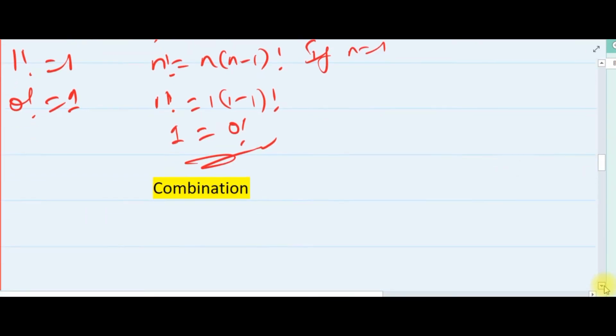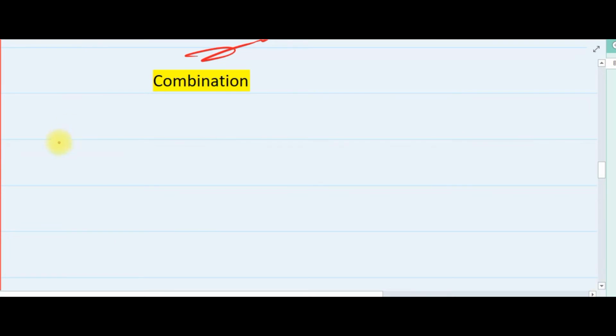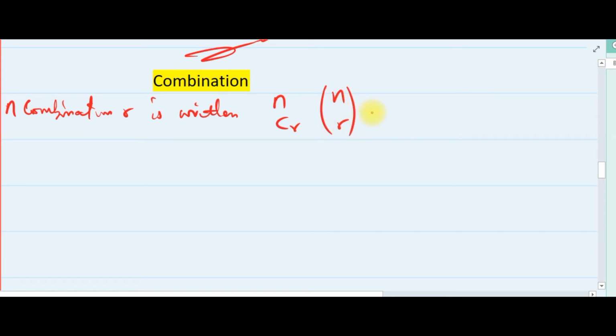We are doing it because combination has something to do with factorial. So n combination R is written this way, or some will write it like a matrix.